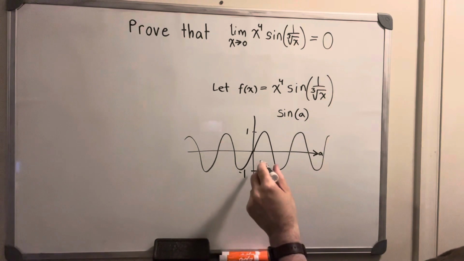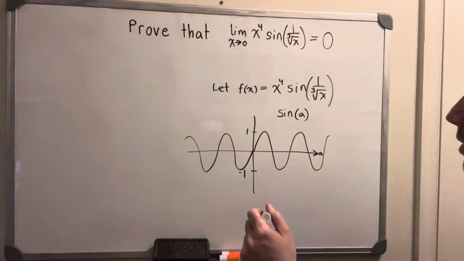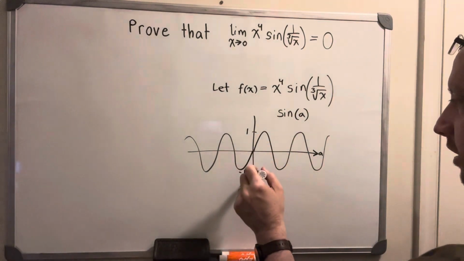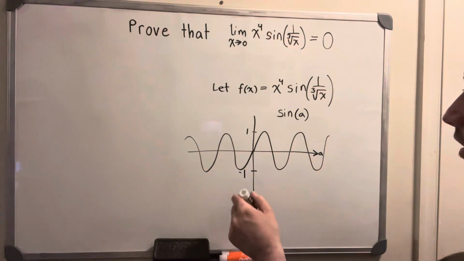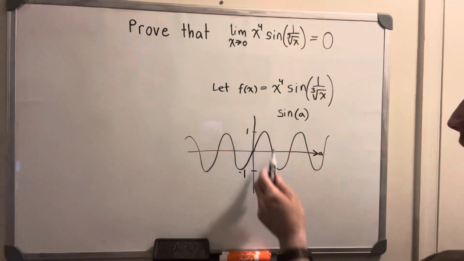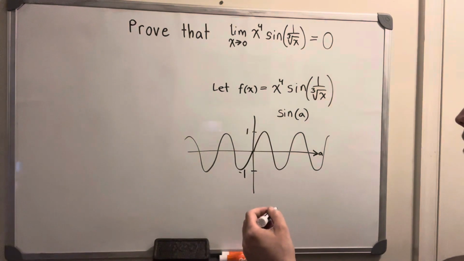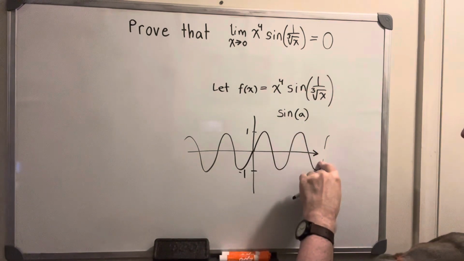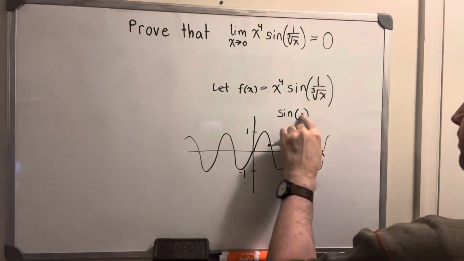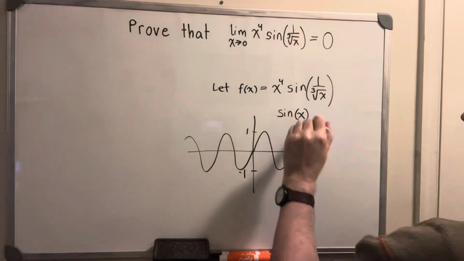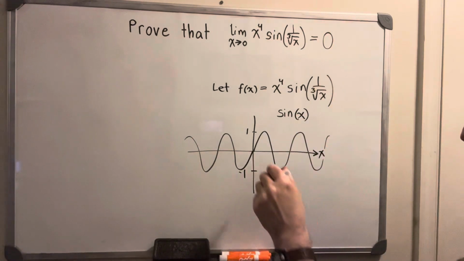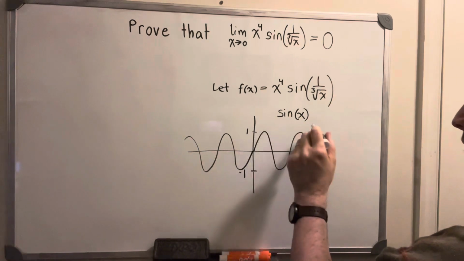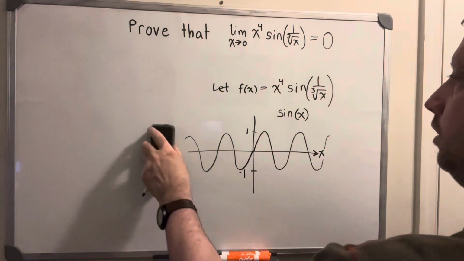This function, sine A, is never less than -1, and it's also never greater than +1. This function, sine of A, or if you want to say sine of x, the sine function is bounded from below by -1 and bounded from above by +1.